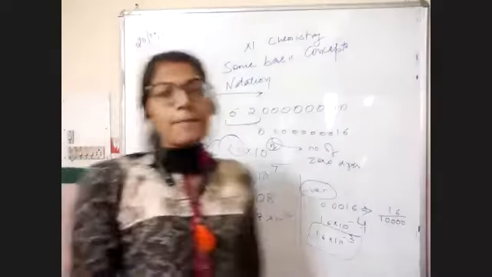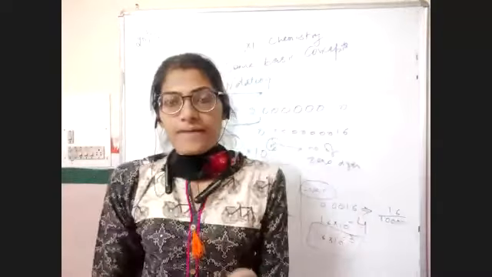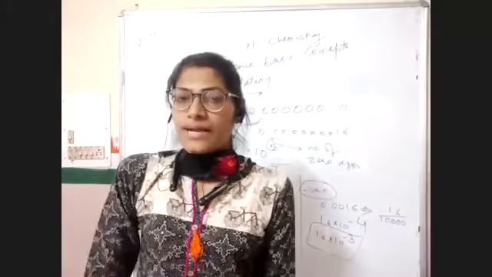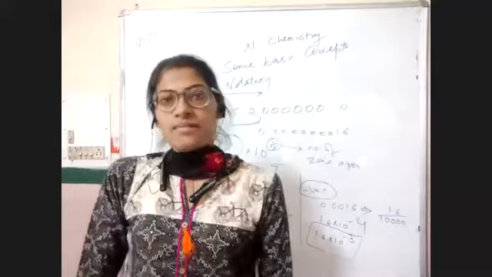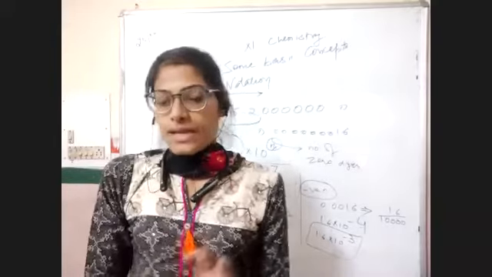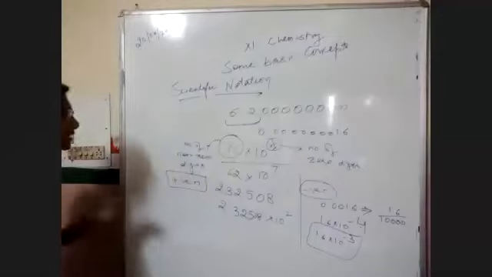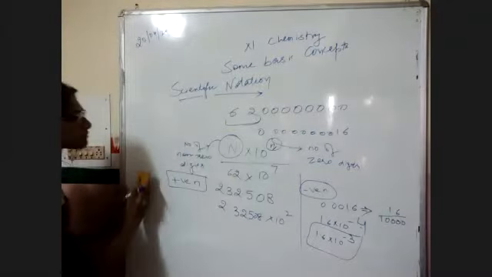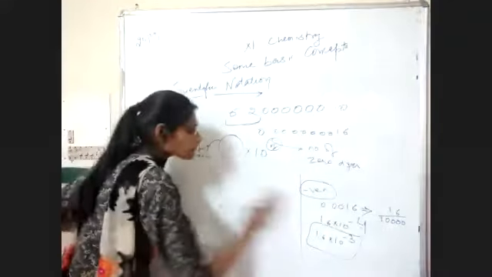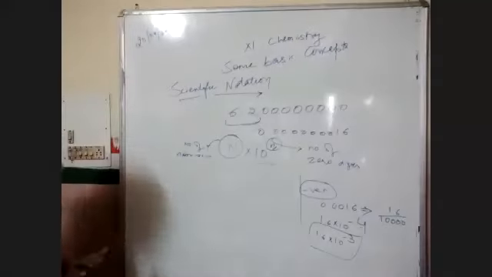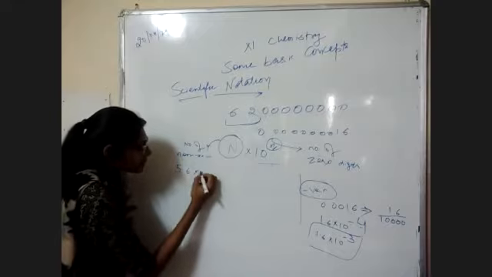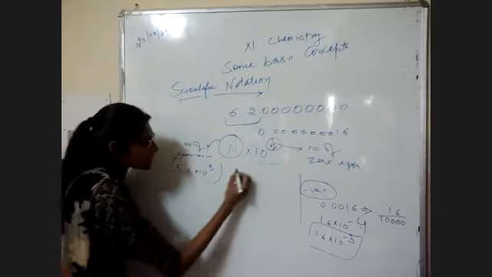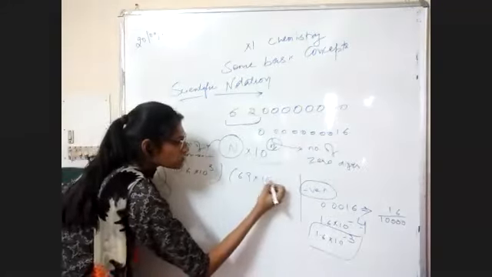And what would happen if we are going to multiply, add, or subtract? See, these are very basic mathematical concepts. You know that very well. So just to revise, let me take another example. For an operation that we are taking, 5.6 into 10 raised to power 3 multiplied by 6.9 into 10 raised to power 6.